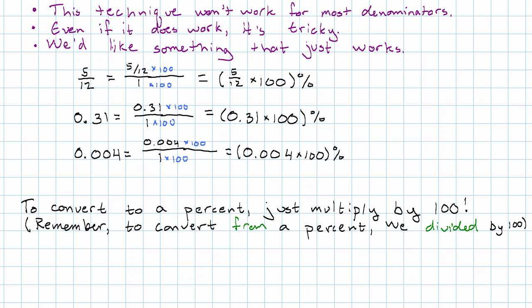Now, actually doing that multiplication for 5/12ths is a little bit tedious. 5/12ths times 100, that's 5/12ths times 100 over 1. So that's 500/12ths.